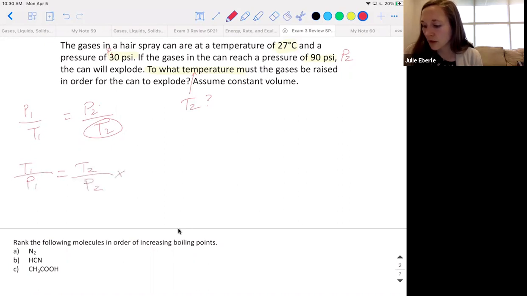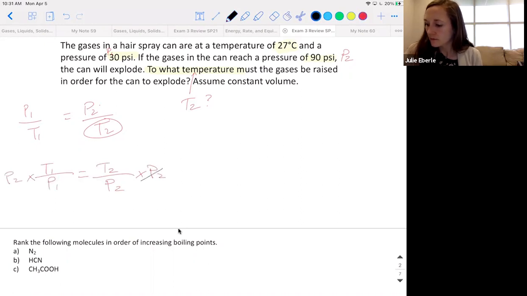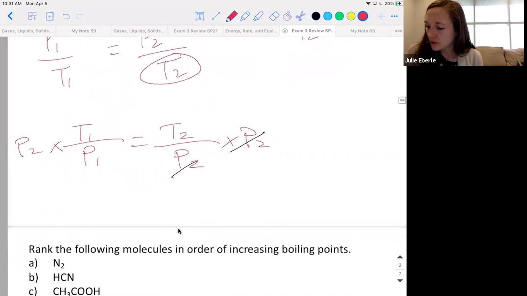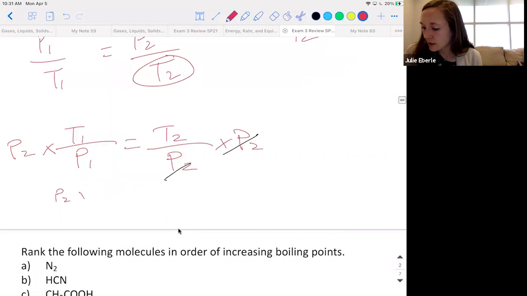And then just cross multiply both sides by P2. So my equation becomes, let me zoom in, P2 times T1 over P1 equals T2.